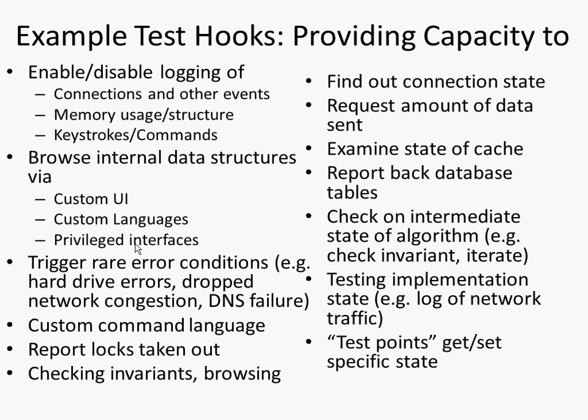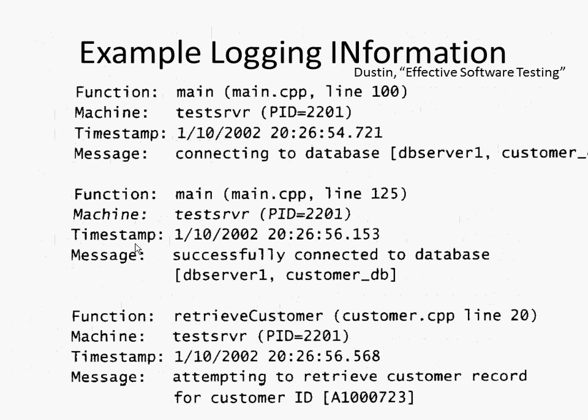So, for example, saying, okay, this function is connecting to the database at this time. It's connecting to this machine. And here's a further log that it's successfully connected to the database, to this database server, and this particular database on there. Now it's reporting that it's attempting to retrieve customer information for a certain customer.